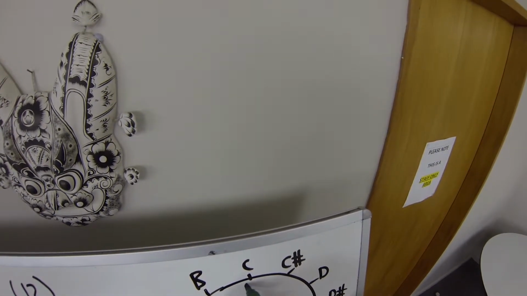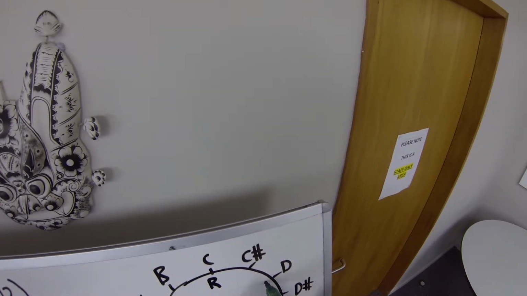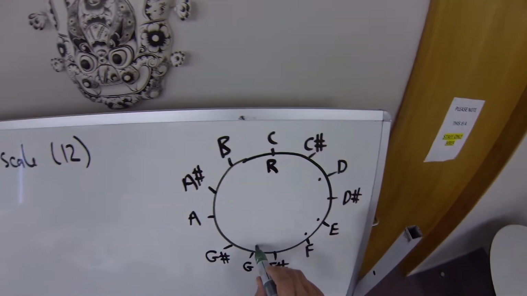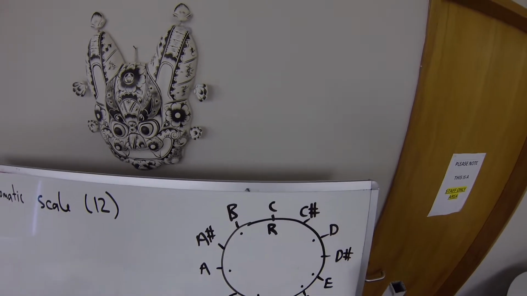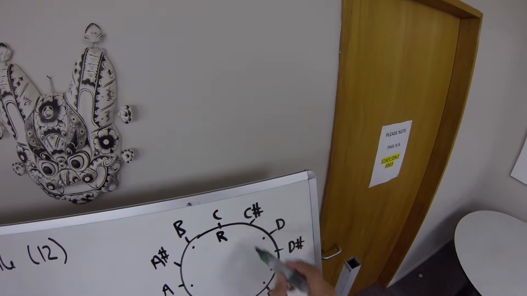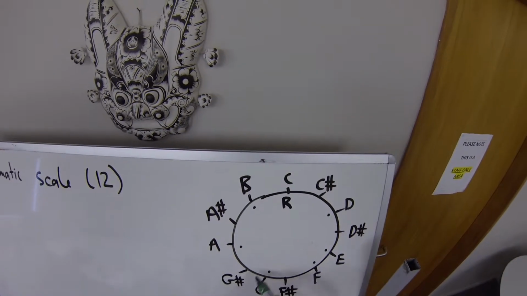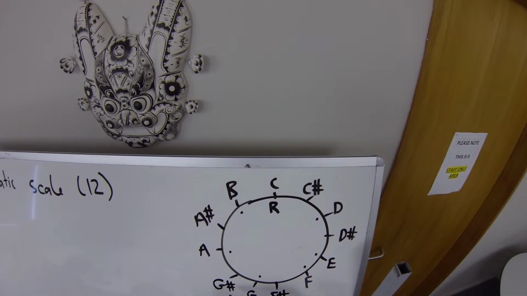C is called my root note. C, D, E, F, G, A, B, C. Now I've missed out the C sharp, the D sharp, the F sharp, the G sharp, the A sharp, and those are all the black notes on the piano.